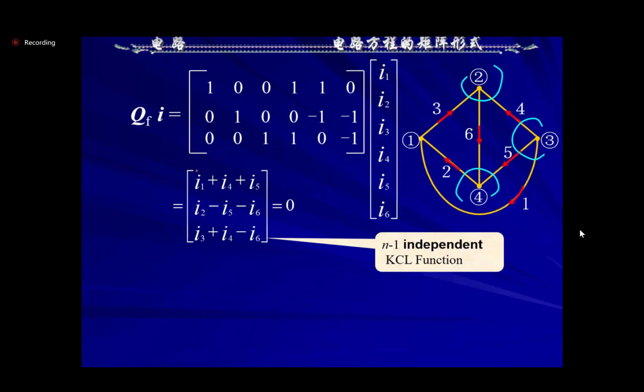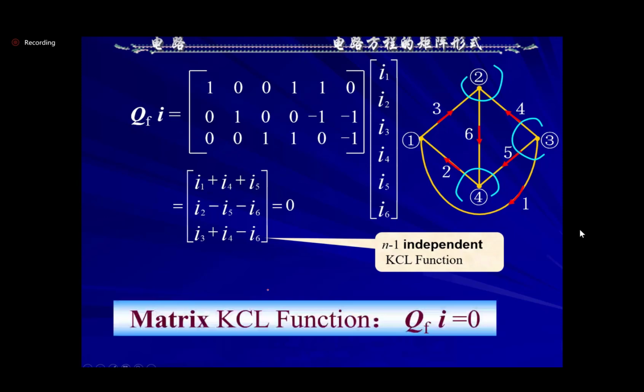This is just node KCL, because every cutset is just connected to one node. So to use the matrix Q to express KCL is QF multiply I is 0.